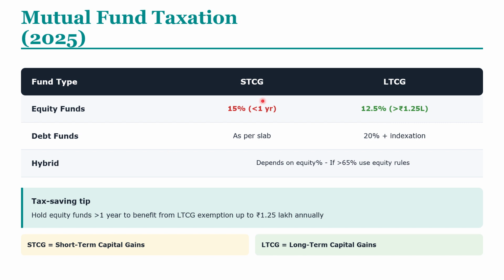For debt funds, short-term capital gains are taxed as per slab, whereas long-term capital gains are 20% plus indexation. For hybrid funds, it depends on equity. If equity is greater than 65%, then equity rules apply. Tax saving tip, this is a very good tip. Hold equity funds for more than 1 year to get the benefit of LTCG exemption up to 1.25 lakh annually.